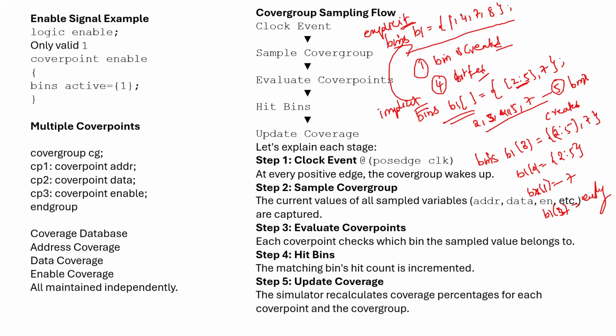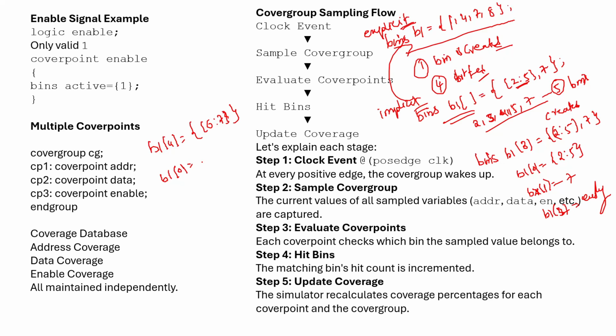Suppose you are writing 4 bins of some range like this. So b1 of 4 bins you are creating, and inside that some range you are creating, 0 to 7. In that, four bins we need to create. That four bins, the range will be divided.